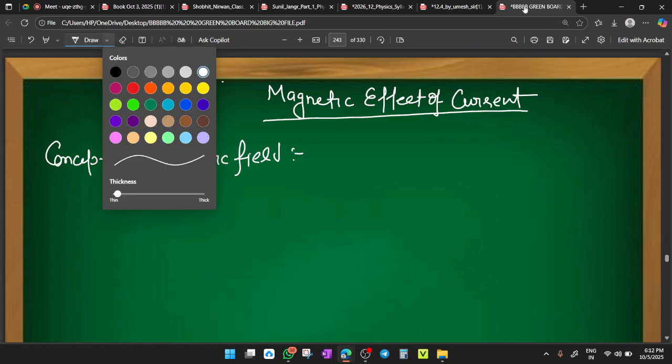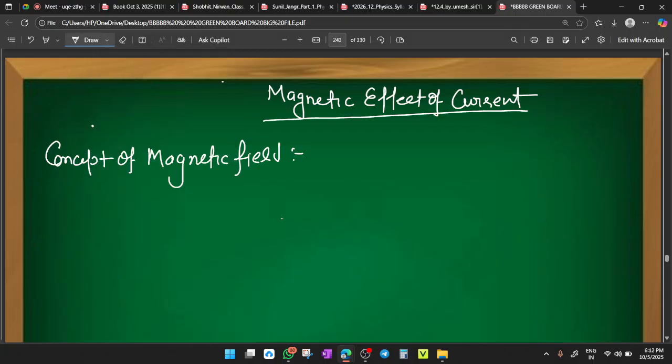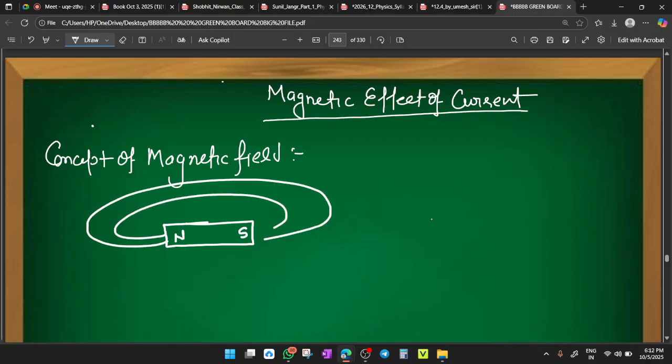What is a magnetic field? It is the invisible field around any magnet, a north-south magnet, or a magnetic dipole. Like this current carrying conductor, it behaves like a magnetic dipole.